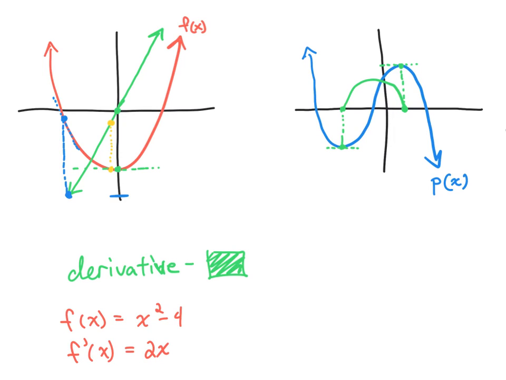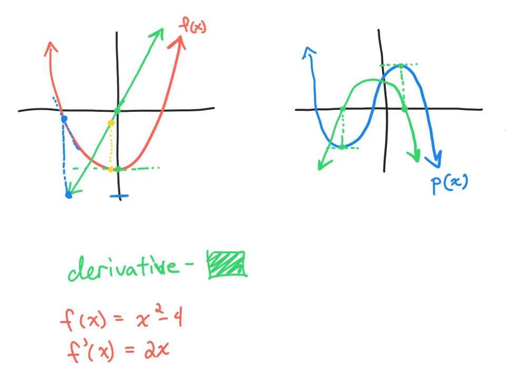And since to the left of this relative minimum the function is decreasing, we would have to make sure that the derivative is negative, aka below the x-axis. And the same thing over here, from this relative maximum, if we go to the left, the function is decreasing, which means the first derivative is negative, which means it would be below the x-axis.